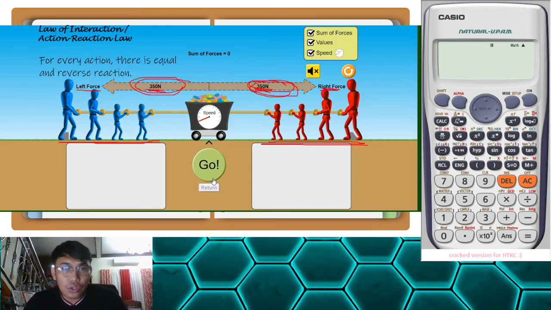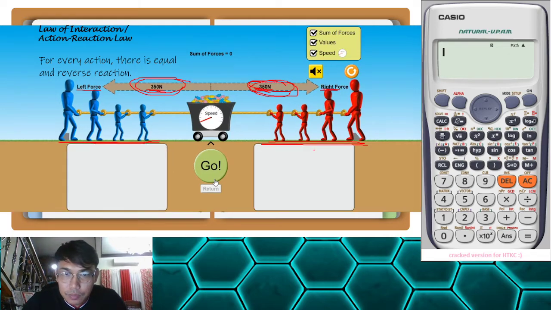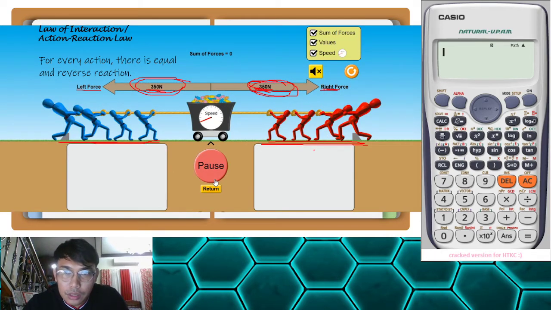So what's going to happen when we play this one? Okay. So guys, as you can see, both of these groups are pulling, but none of them budge. So why did none of them budge? Because for every action, there is an equal and opposite reaction.